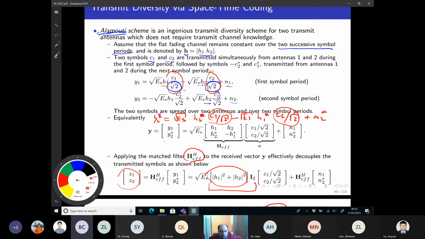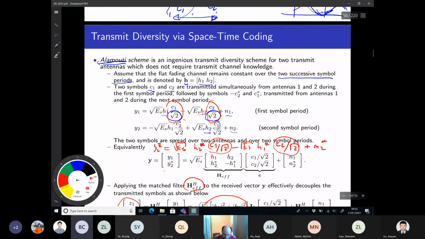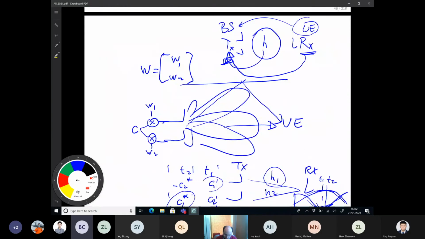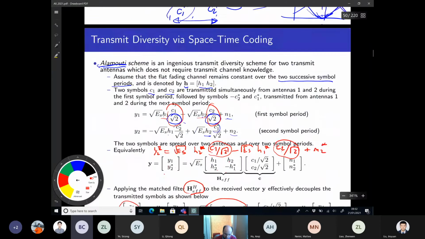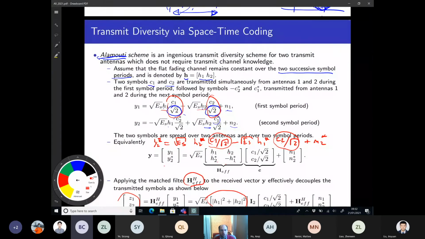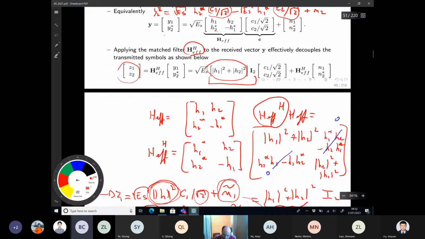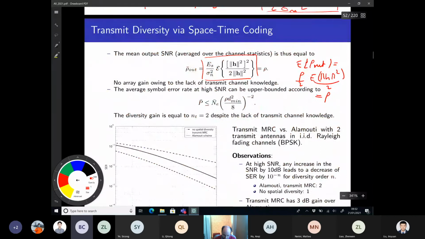Right? And the reason is because you don't have channel knowledge at the transmitter. Here, you can form a beamformer and beam your energy in certain directions. In this case, you cannot do that because you don't have knowledge of the channel at the transmitter. So that's the main difference.